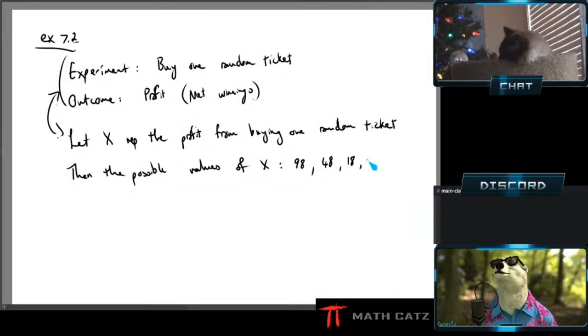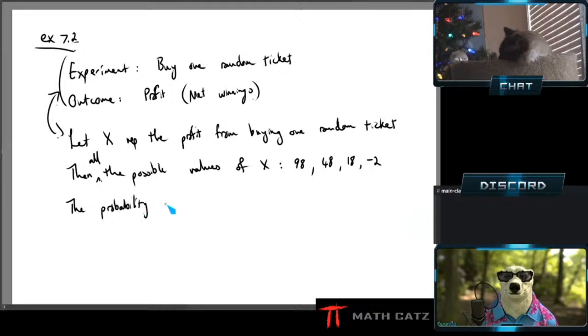And then our profit is -2. We have to list all the possible values of X because those are all the outcomes of the experiment. So -2 represents we lose. Next, the probability distribution.